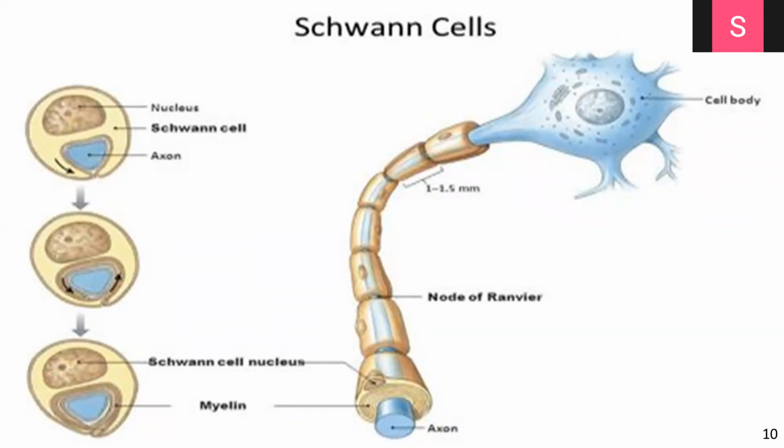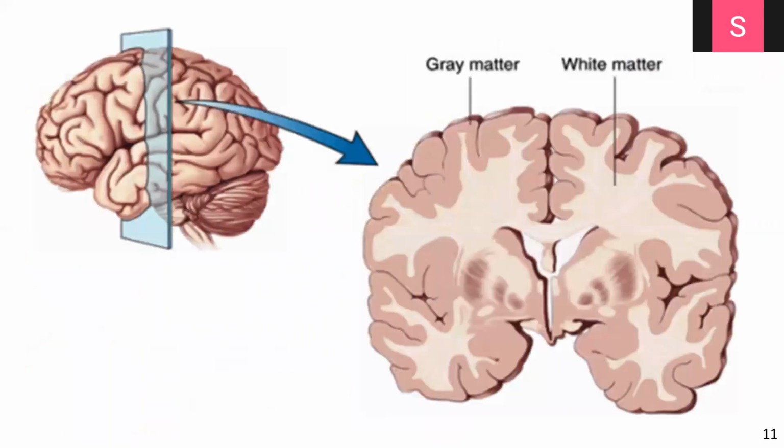The brain and spinal cord consist of gray and white matter. The gray matter consists of nerve cell bodies, dendrites and axons, with glial cells and capillaries. And white matter contains relatively few neurons and consists mainly of axons that are wrapped with many layers of myelin and of the oligodendrocytes that make the myelin.